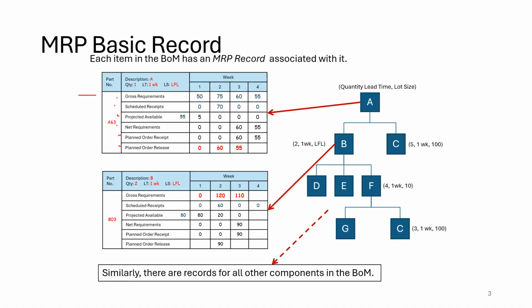So in that sense, gross requirement acts like an input to your MRP, and the planned order receipt and the planned order release act like an output, which is calculated based on what demand we have, which is the input or the gross requirement we have. So all the other values in between the gross requirements and the scheduled receipt are calculations which we will be doing.